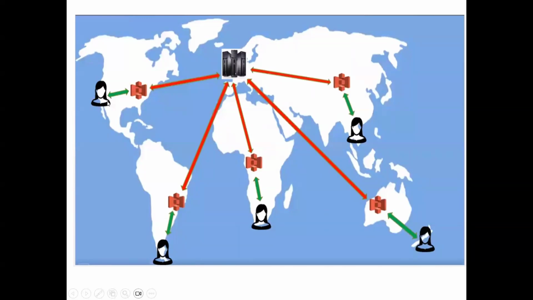If the user wants to upload an object into a bucket created in a US region, there will be latency. Why? Because the distance between the user and the data center is too long. There may be some latency while uploading the object.